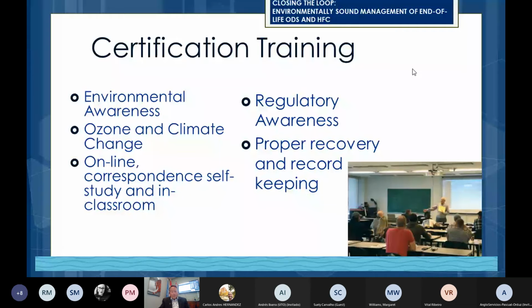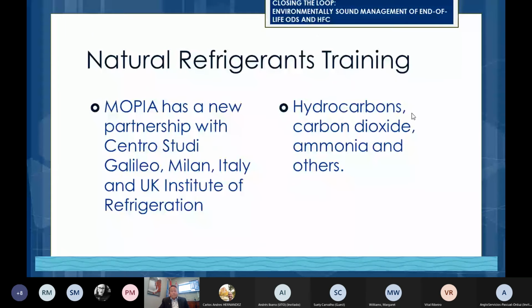In the next slide, I'm going to just quickly mention that natural refrigerants training is something that is, of course, not new, but has been highly uptaken in Europe. And we have a new partnership with an Italian organization as well as the UK Institute of Refrigeration.